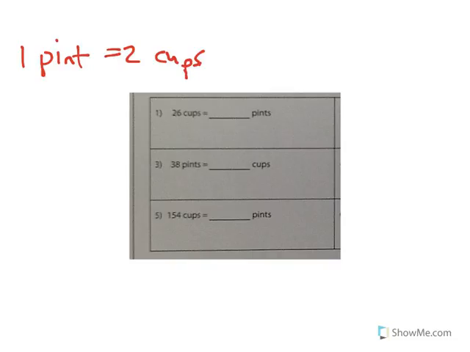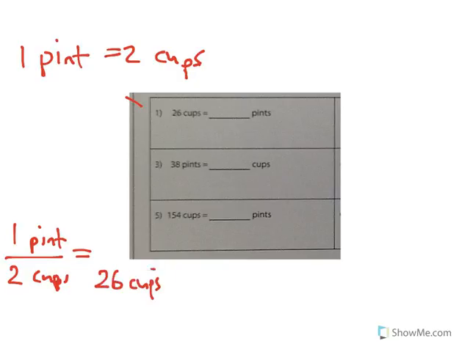So when I set this up, it's going to be 1 pint over 2 cups on this side, and that's going to be equal to, in this first problem, 26 cups. So I'm going to put 26 on the bottom. Now I'm looking for the value on top. Once again, I multiply 1 times 26, and I divide by the number 2. So that's going to end up being 13 pints.